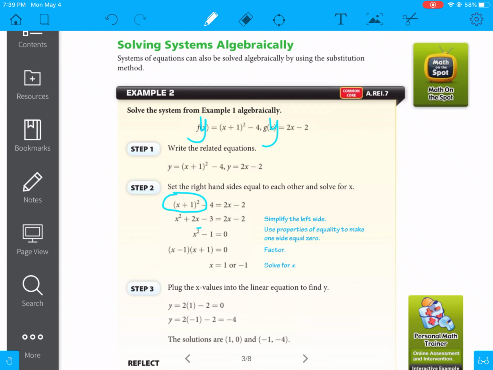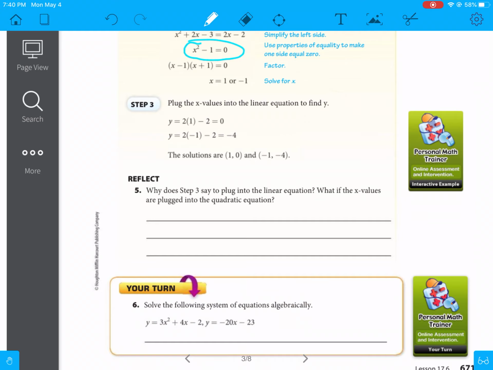And this is a difference of squares. So you got (x minus 1) times (x plus 1) equals 0. And since you solve for x, it would be x equals 1 and x equals negative 1. Then you have to plug those values into the linear equation to solve for y. The linear equation is definitely going to be easier than solving for the quadratic.